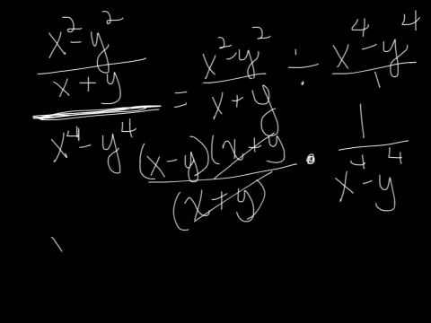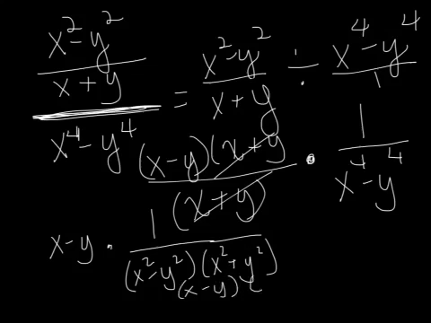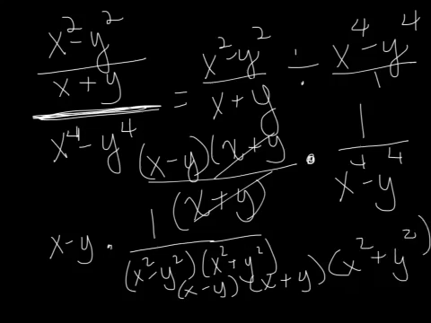Well, I have an x minus y here, and it's times 1 over, guys, it's the difference of squares. (x squared minus y squared)(x squared plus y squared). And again, the x minus y all squared factors again into (x minus y)(x plus y)(x squared plus y squared). I can cancel that x minus y.